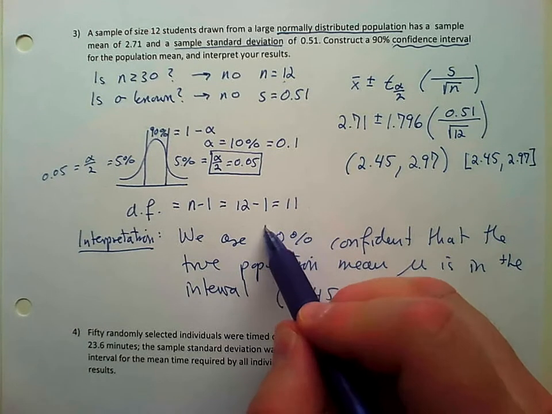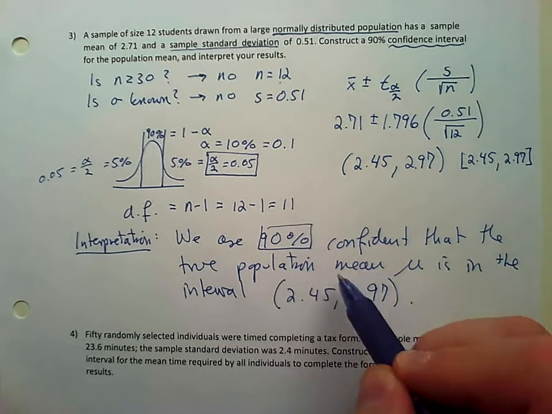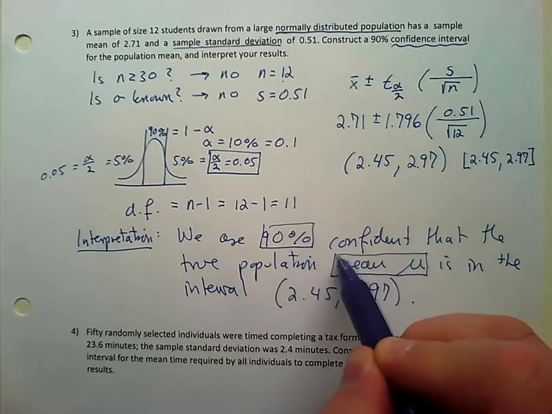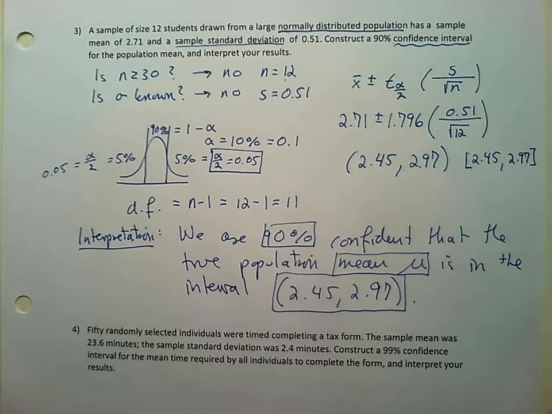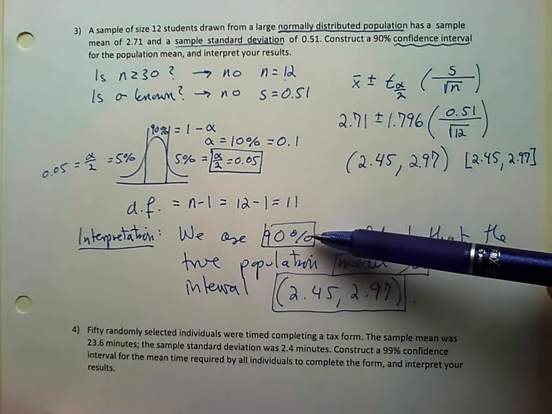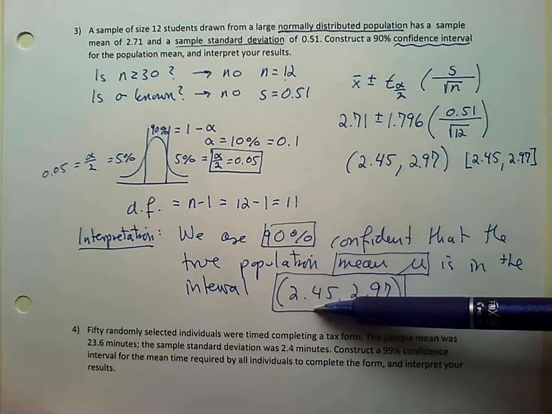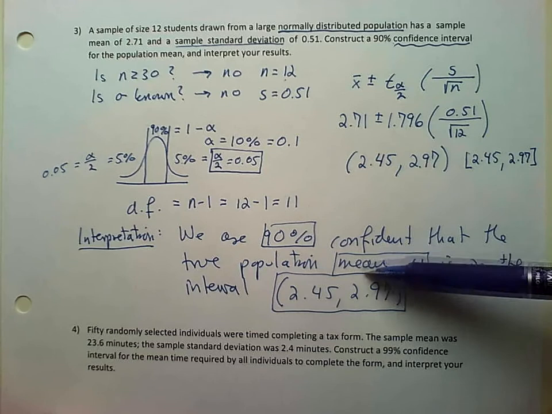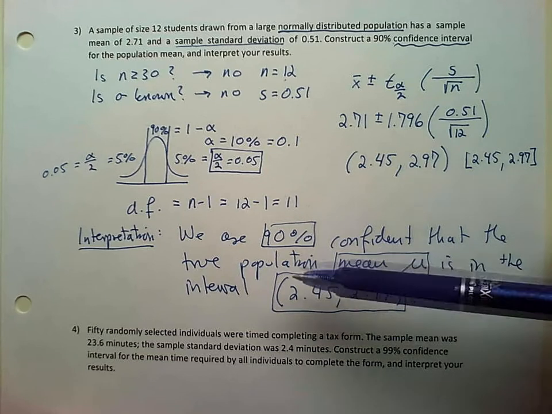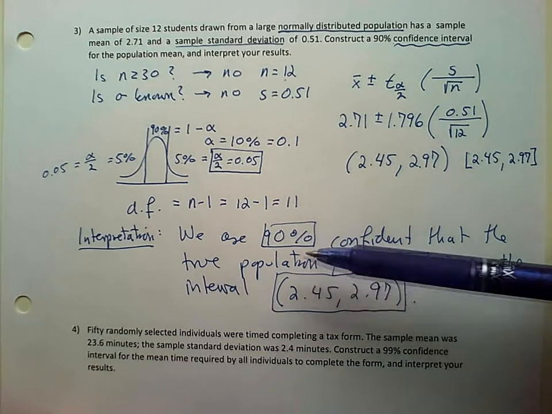Again, if you remember this sentence, the only thing that's ever going to change in this sentence is what I'm putting in these boxes right here. And we're definitely going to get to that, right? The two things that we've changed so far have been this first box and this last box. We haven't changed the population mean mu, we're always going to be looking for the population.